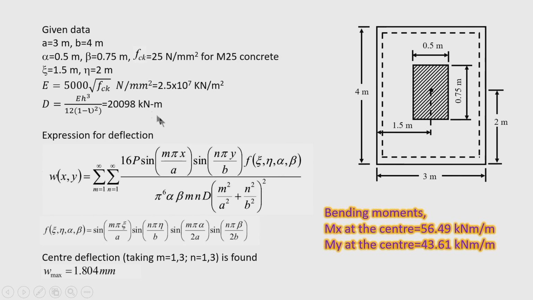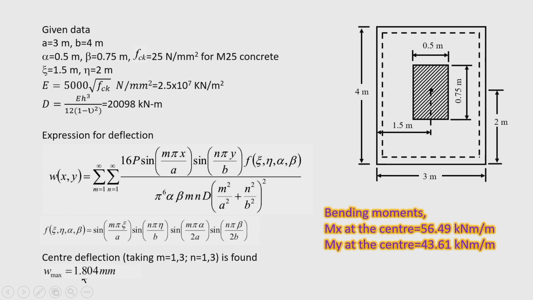So, after substituting these values and carrying out this summation, we take here the odd terms, say m is equal to 1 to 3 and n is equal to 1 to 3, and we have calculated this W max, center deflection, because it is a symmetrical problem.